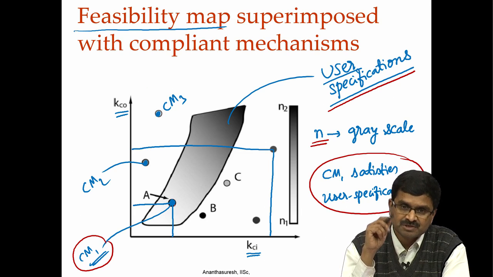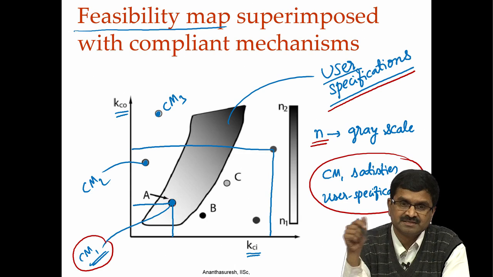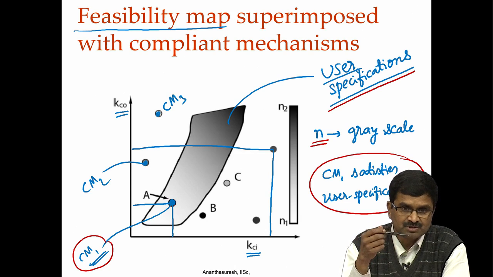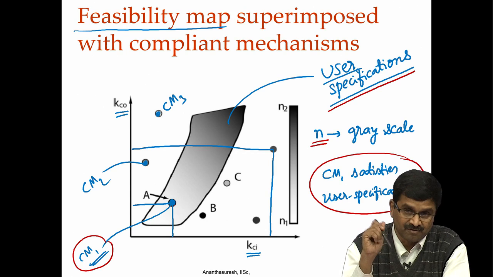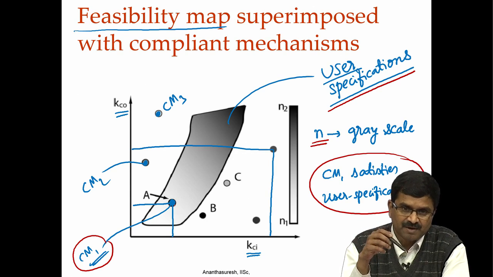Here the user specifies what he or she wants, and then we draw this map by computing, that is solving the inequalities and equations. Then we superimpose on it a number of compliant mechanisms that we have in a database. We have all these compliant mechanisms in the database, and they all can be shown.